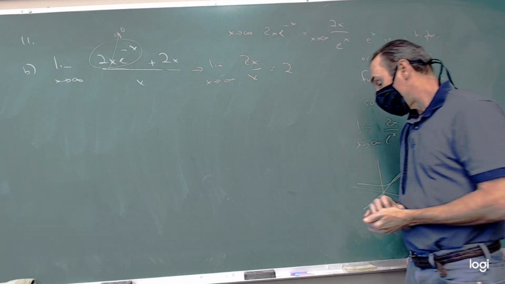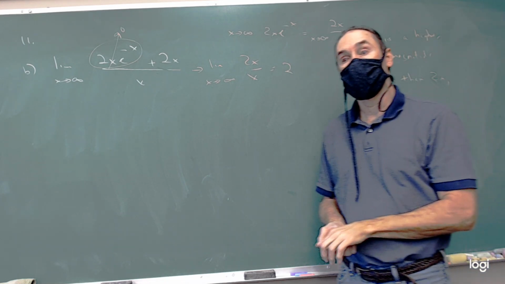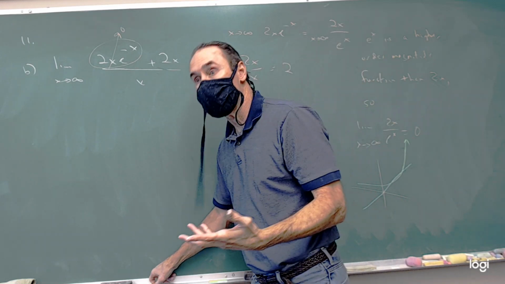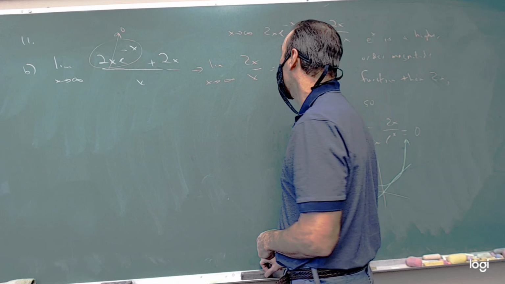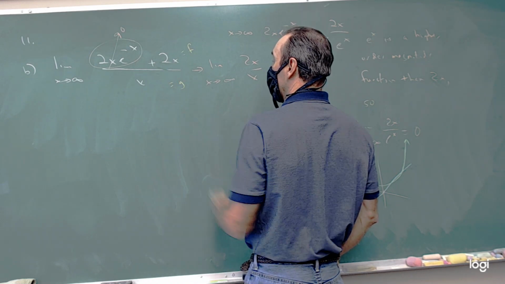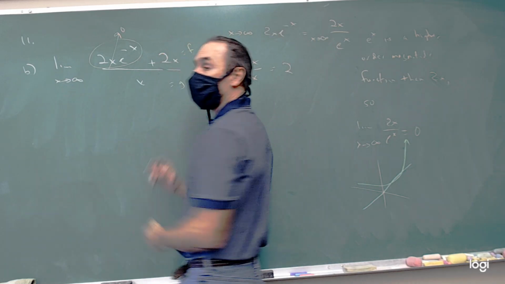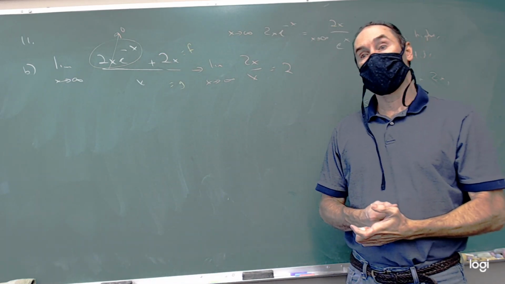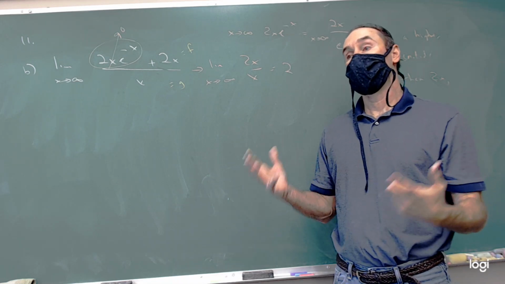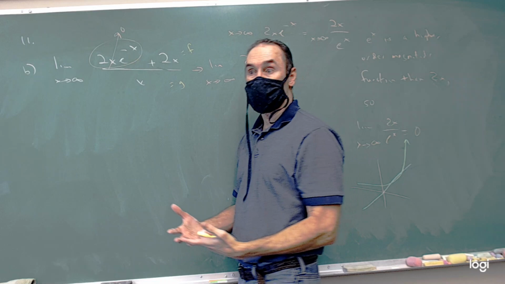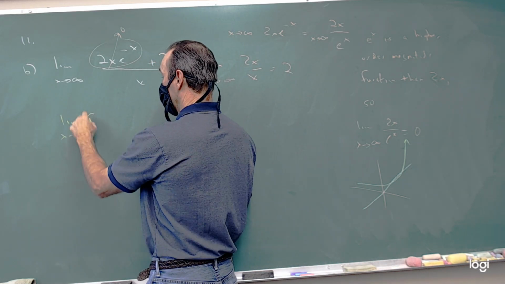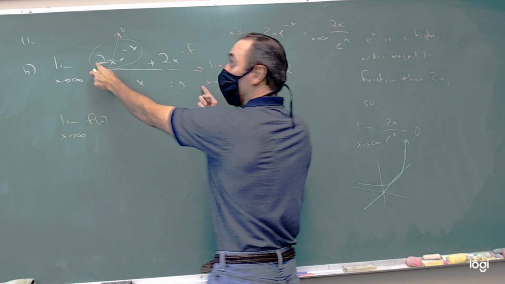But let's just see what happens if we see it as a L'Hopital's rule problem, because we should still be able to do it that way, I think, on this one, if I remember right. So if we call this f and this g, we're not plugging in a number like we were on the other one. So I can't say f of infinity is equal to infinity. I have to use the limit notation. So I have to say the limit as x goes to infinity of this f.